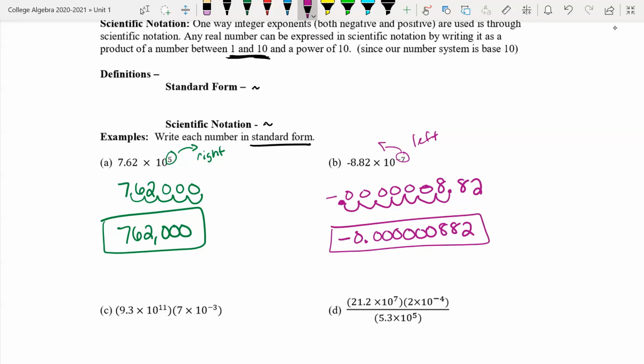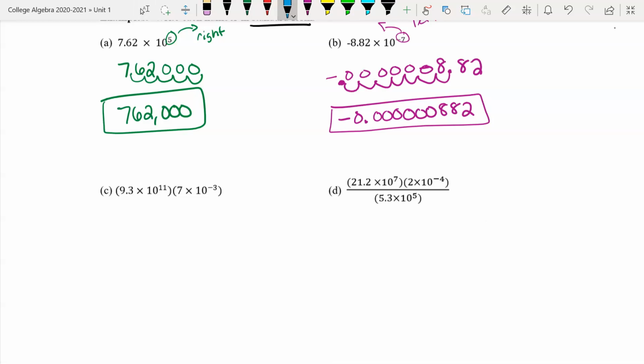Now it gets a little bit harder whenever they do stuff like this on the bottom. If they're multiplying, here's what you're going to do. You're going to take the numbers that are in front and multiply those. So 9.3 times 7, you would type it in. It's 65.1. Now, the base 10s are the same base, and when you multiply, you add exponents. 11 minus 3 would be 10 to the 8th.